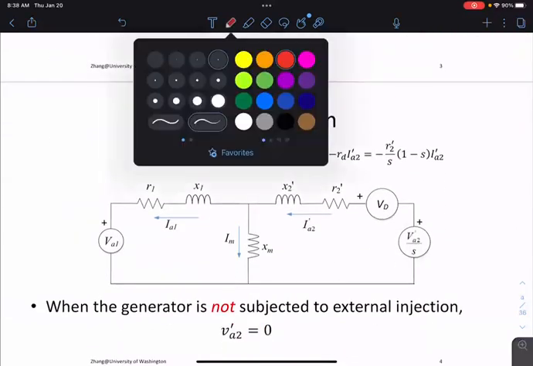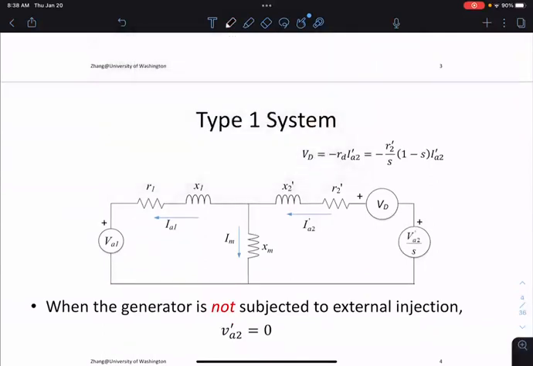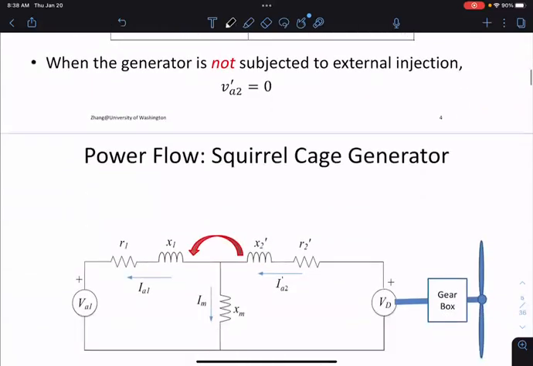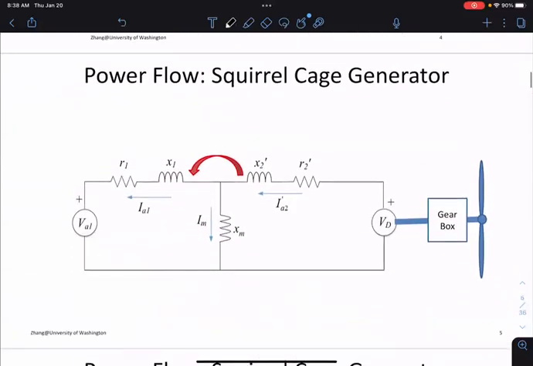So again, this is drawing out the type 1 system. The main thing is to figure out the power flow: where the power is going and what the names are for the different parts of the power flow, because there's quite a number of places power goes.